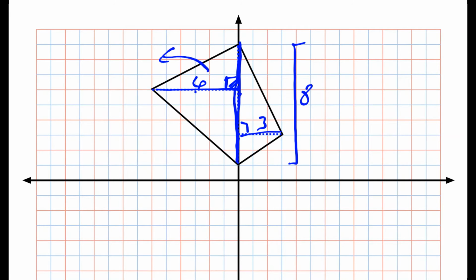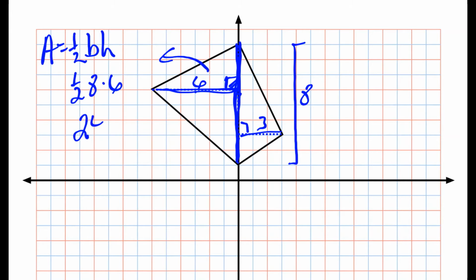So I'm going to find the area of this triangle first. 1/2 base times height. This would be 8. This would be 6. So it's 1/2 of 8 times 6, which would be 24.